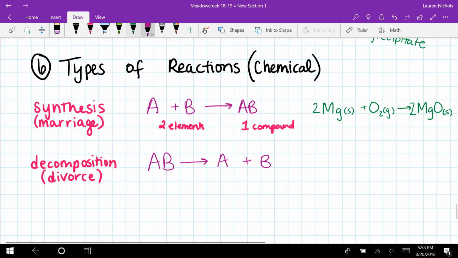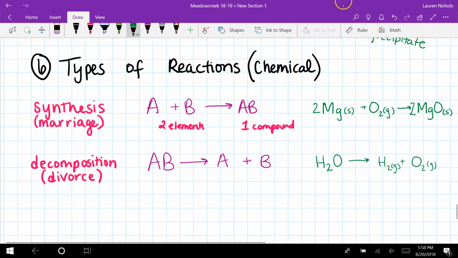So an example of this, we could simply write the reverse of our synthesis reaction, but to give us an extra one, we could look at the breakdown of water, and water can be broken down into hydrogen gas plus oxygen gas.